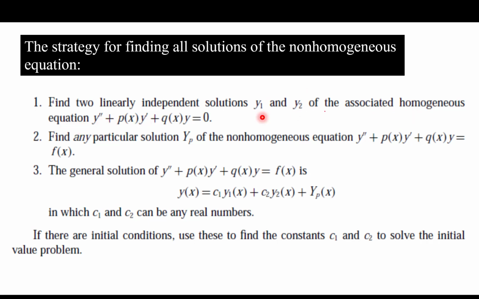What is the associated homogeneous equation? It is the same left-hand side of the non-homogeneous equation, but we equate it with 0. That's it. This is simple and straightforward. We can obtain y1 and y2 easily. Then we check that y1 and y2 are independent solutions, so they are considered to be the real solutions for this homogeneous equation.